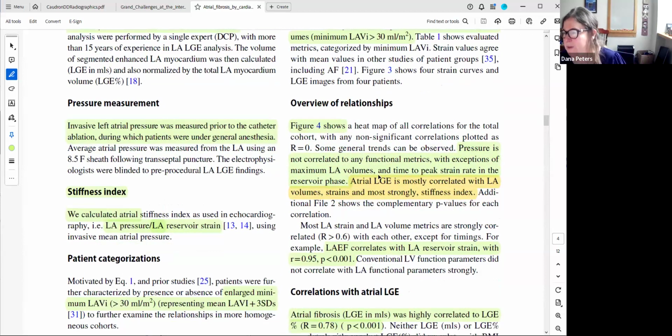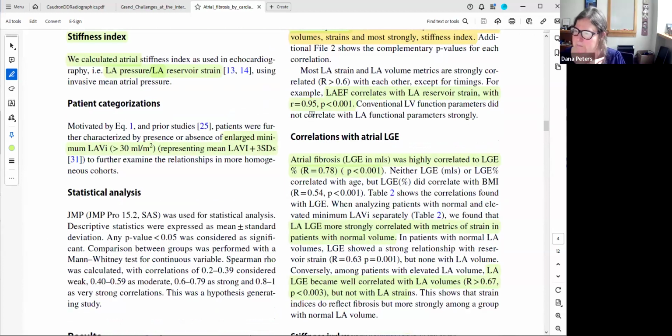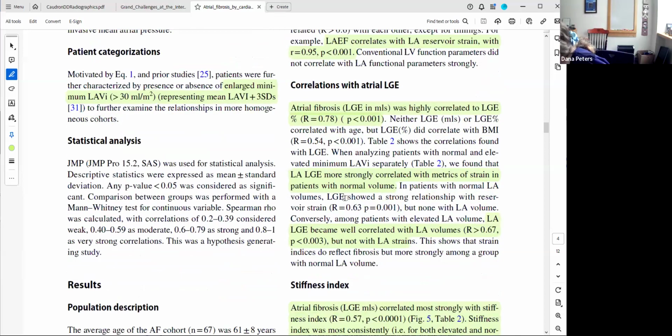What was really important is atrial LGE was correlated to the volume strains and most strongly to stiffness index. We found, as I said, LA ejection fraction and LA reservoir strain are very closely related. We used atrial fibrosis in milliliters and not atrial LGE in percent.